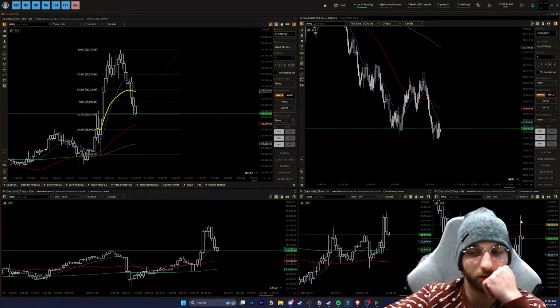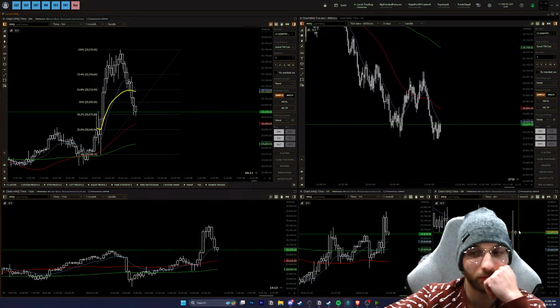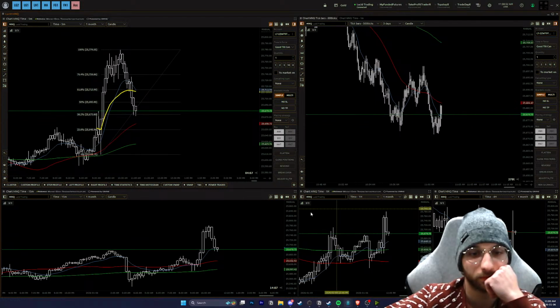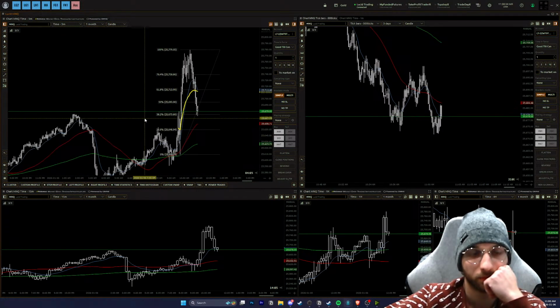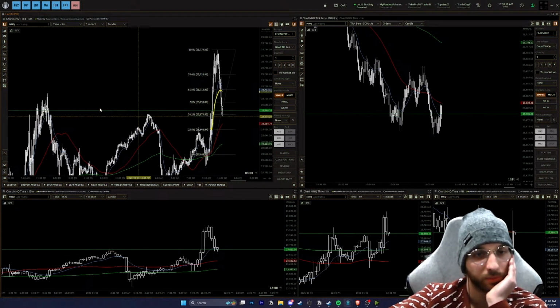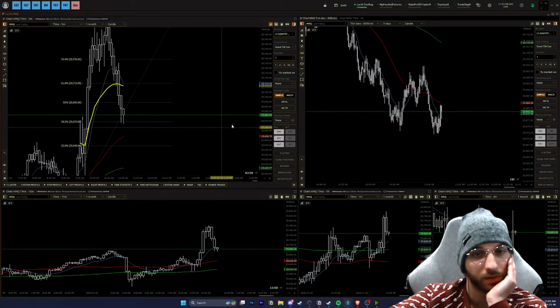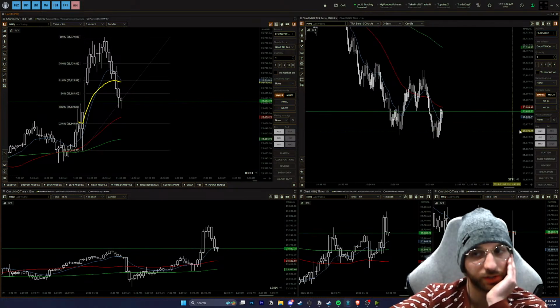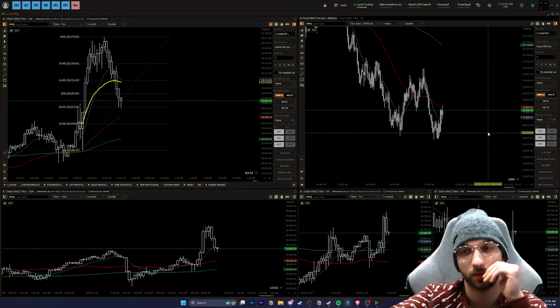It's a new 4-hour candle. Kind of like taking longs here in NASDAQ. It's 5-minute opening range high. Previous resistance. It's the same direction as the first tower.